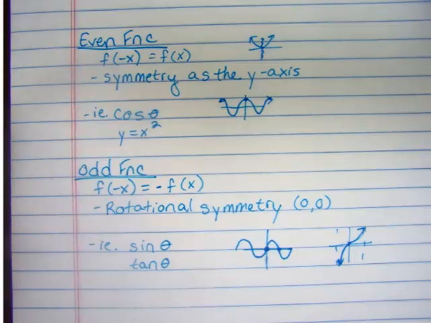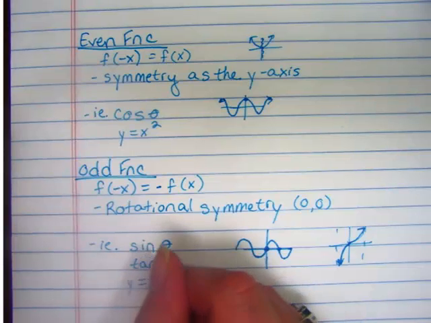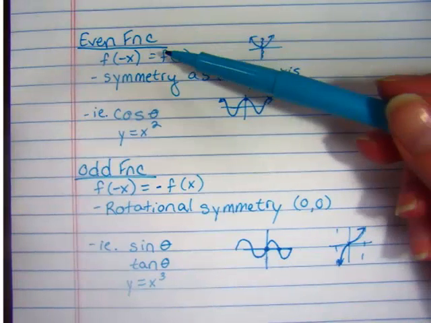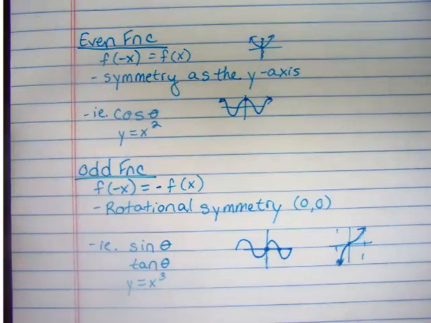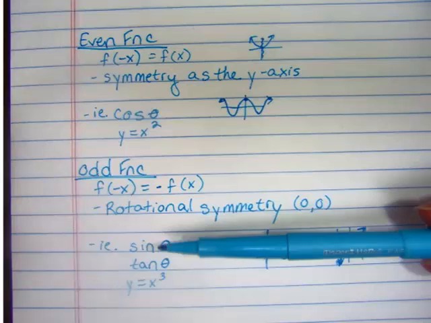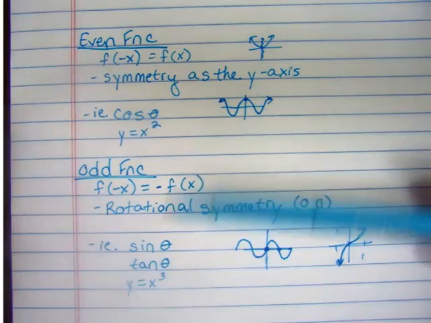Odd functions are going to be rotational symmetry. So y equals x cubed. A cubic, where I don't have any squareds or anything in there, no evens with it, just this odd, is going to also be an odd function. They're even, they're odd, or they're neither. They don't fit either of these symmetries. But for what we're looking at, cosine is our even function, and then sine and tangent are both our odd functions.